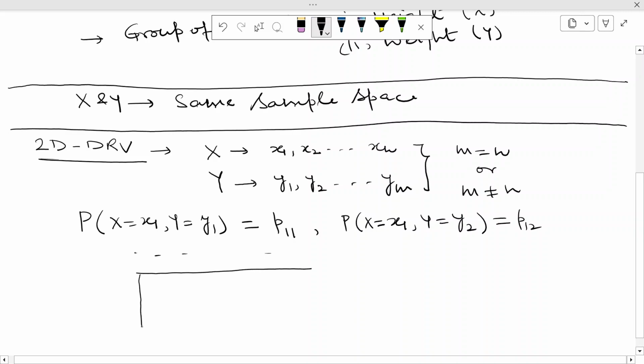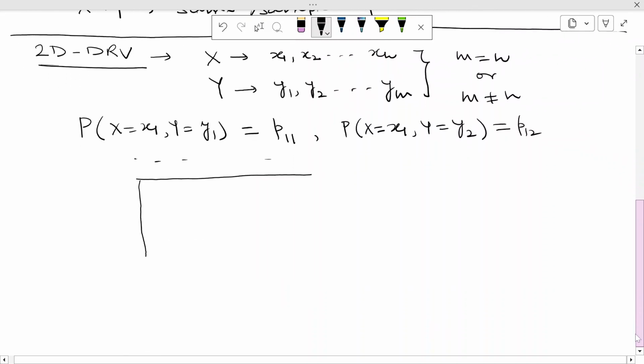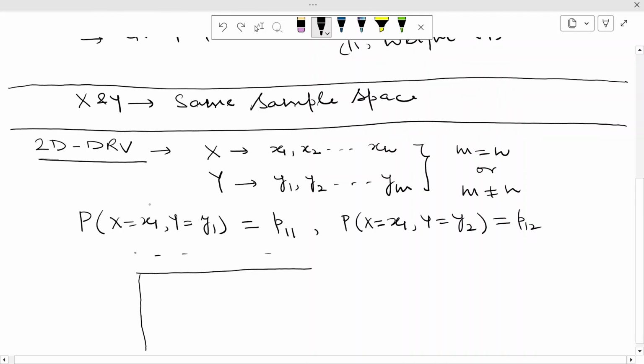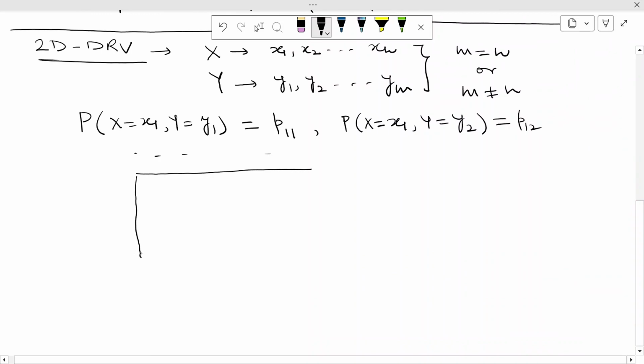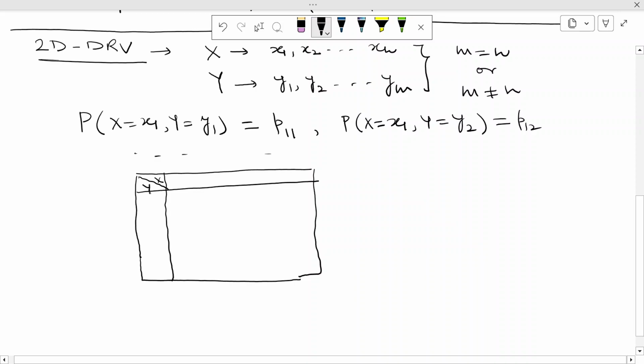Keeping this in mind, we can represent this situation in tabular form, like this table. In this table we have the values and their probabilities. This is just for illustration, so that you can understand how it works.